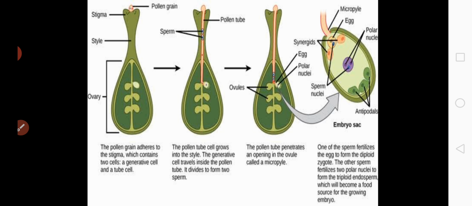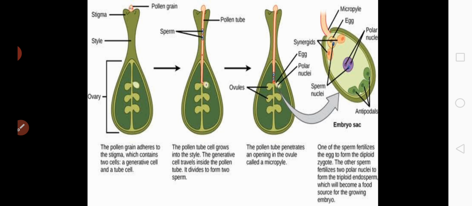Now all the contents of the pollen grain along with the male gametes are transferred to this pollen tube, and this pollen tube reaches the ovary by passing through the style, and finally it reaches the ovule through the micropyle, and in the ovule it releases its male gametes into the embryo sac.